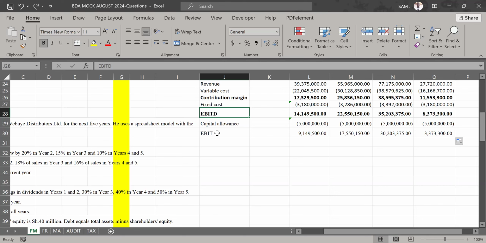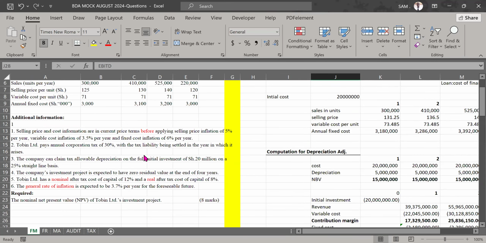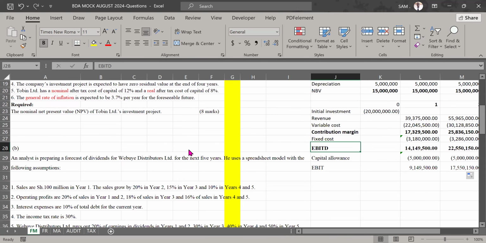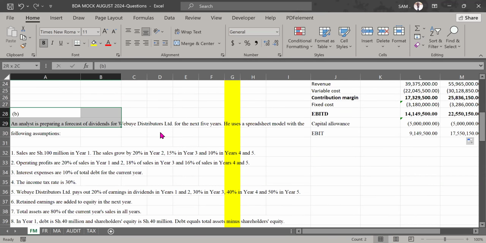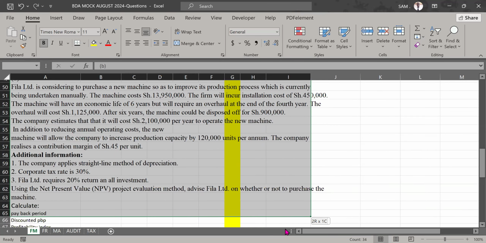Do we have finance cost element here? From this question we've read and the additional information, is there anywhere we have a finance cost element? Do we have any finance cost element?